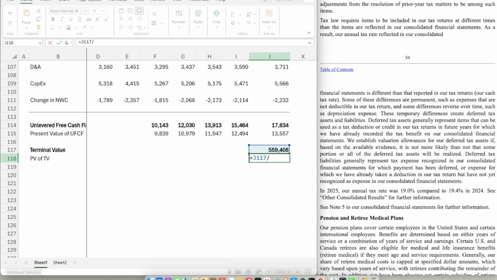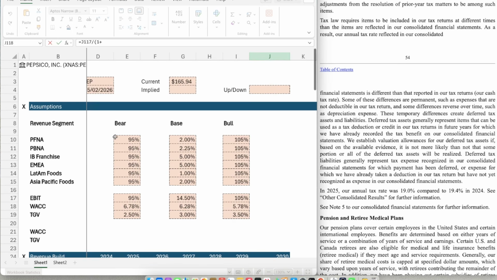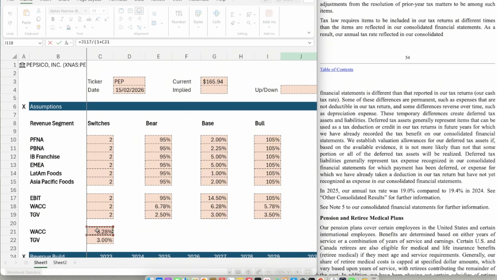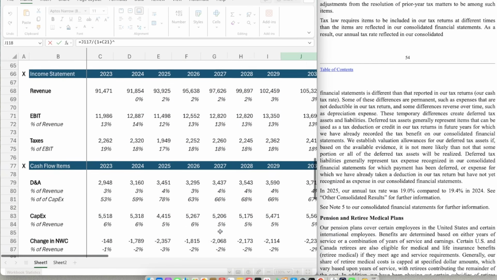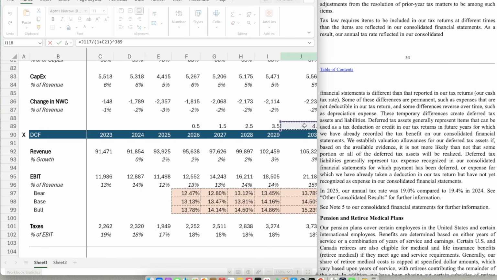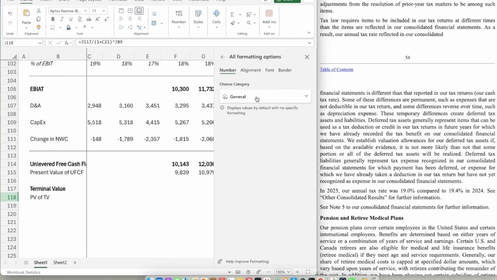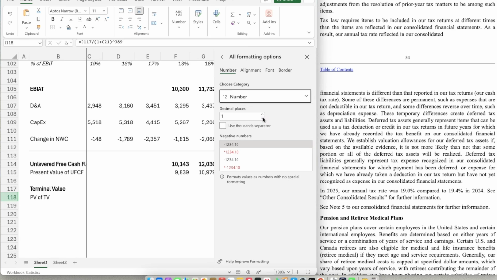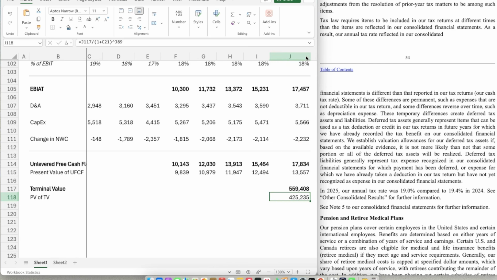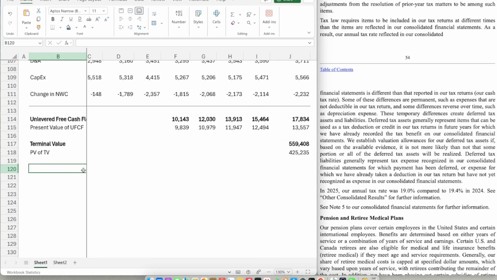And that equals your terminal value divided by 1 plus your WACC to the power of that final year. Okay.